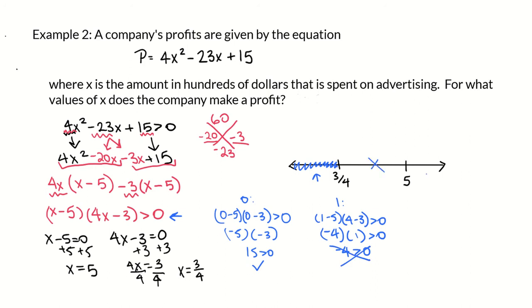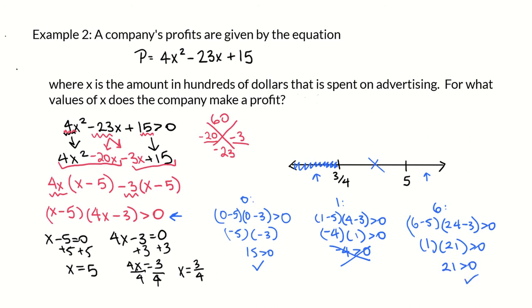Now we choose something to the right of 5, so we could choose 6. In the factored form, that would be (6 − 5)(4 times 6 is 24, 24 − 3) > 0. So that's 1 times 21, which is 21.